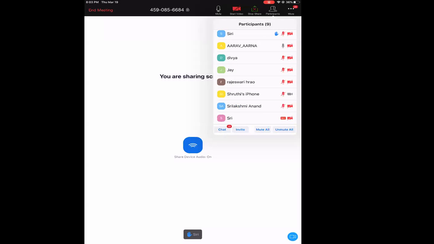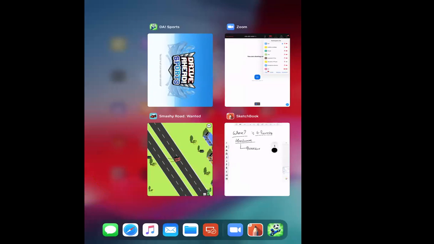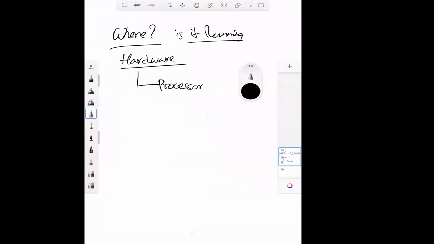Arav, you said brain. Brain is good. So the processor is actually the brain of the computer. The processor, not your brain. The computer's brain is the processor. That's good. So the brain is actually running it.